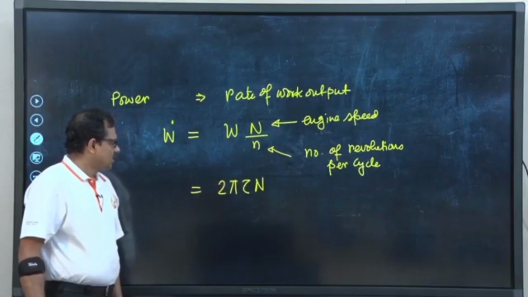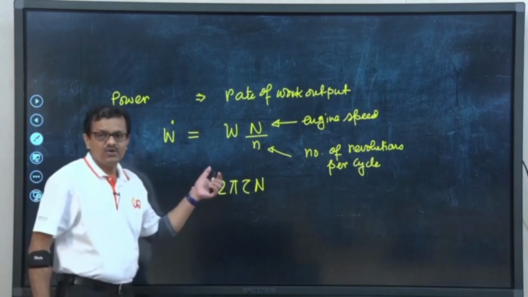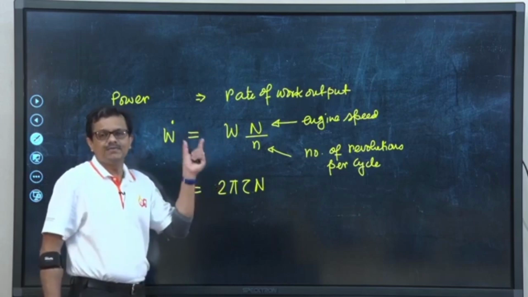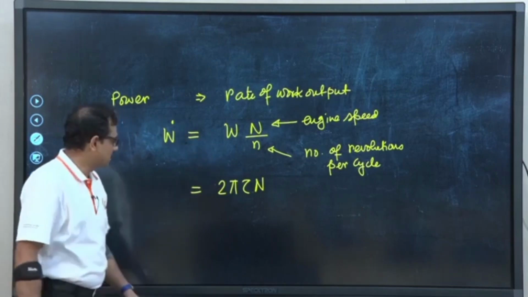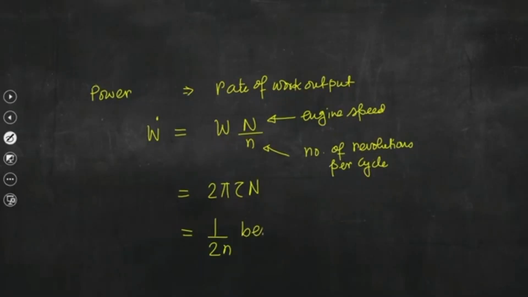Okay. Now, it is very important to see what the expression would be if we try to express this power in terms of brake mean effective pressure. So, that is 1 upon 2 n brake mean effective pressure into VD. So, VD I am writing as AP into UP, average of course. This is very simple, just some algebraic manipulation.